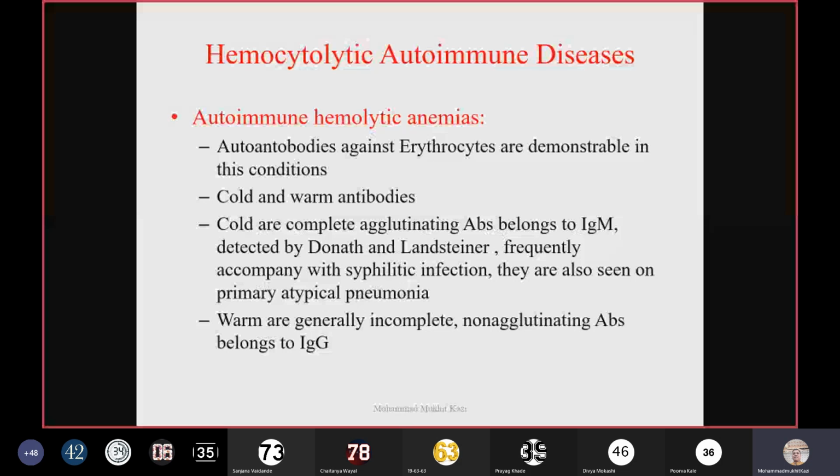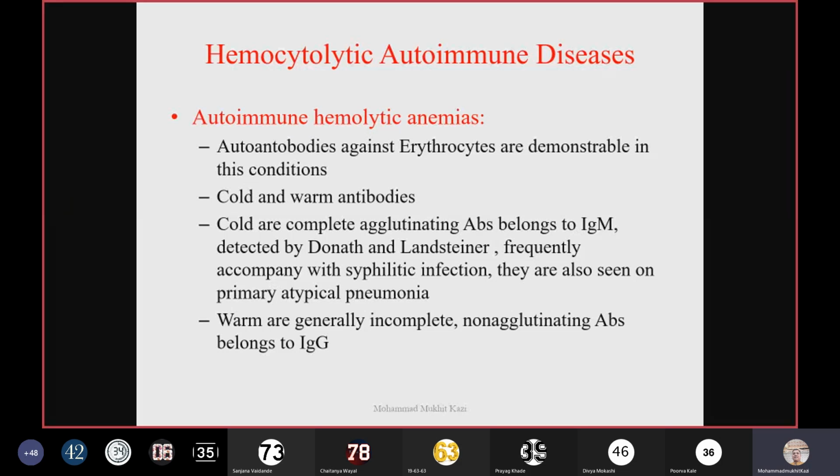Hemolytic autoimmune diseases: autoimmune hemolytic anemias. Probably I told you about this during type 2 hypersensitivity reaction. What happens if I am A positive and I have been given B positive blood?